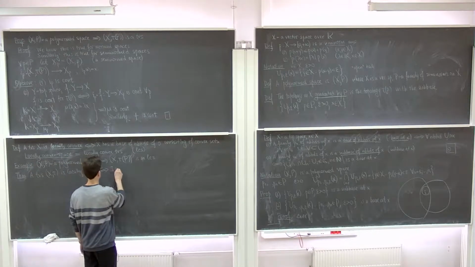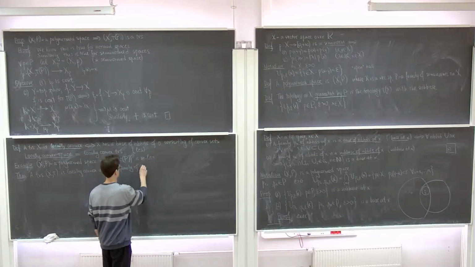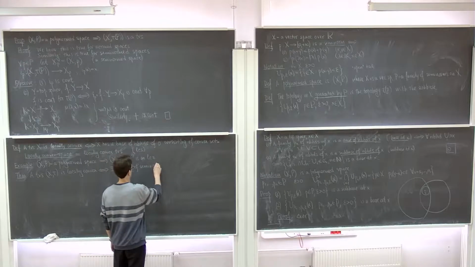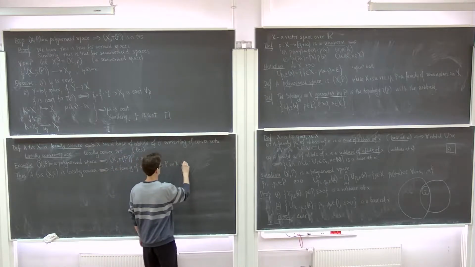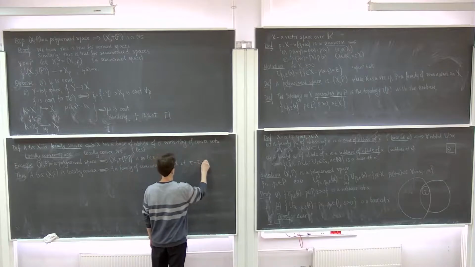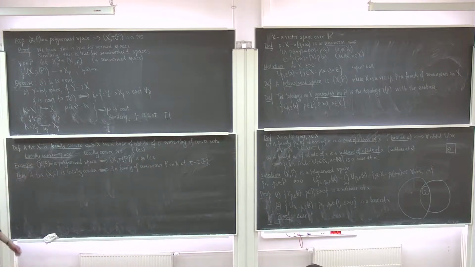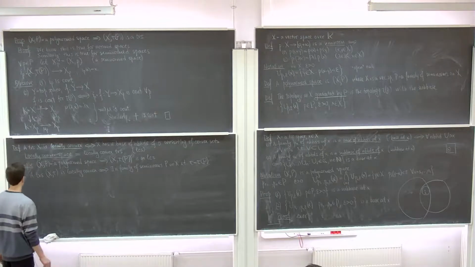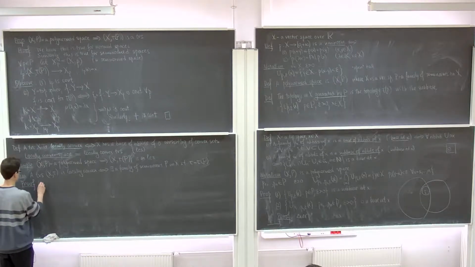That is, there is a family of seminorms P on X such that tau is generated by P. Well, I'll give you a sketch of proof.